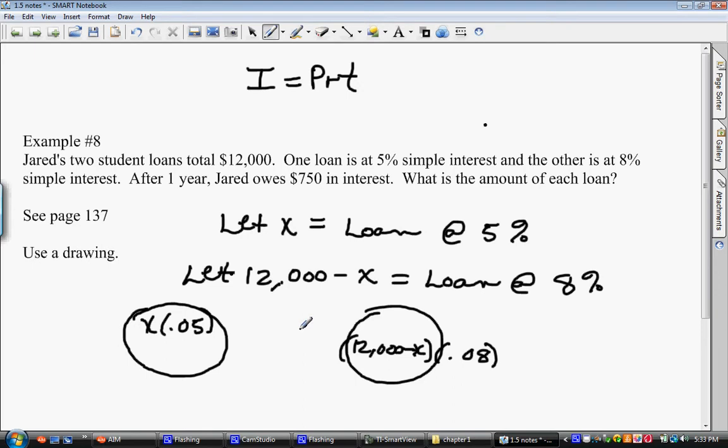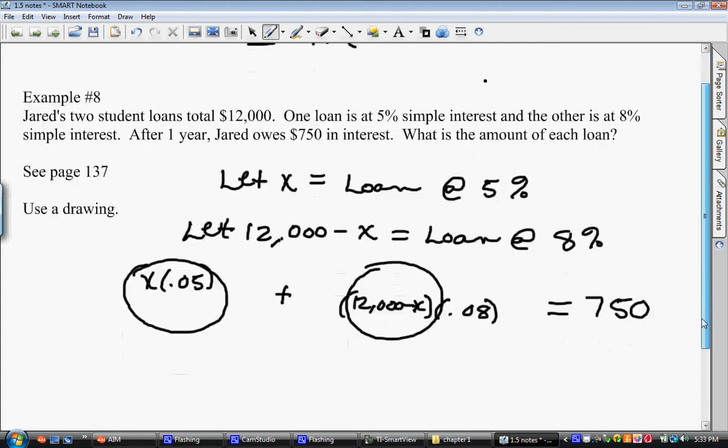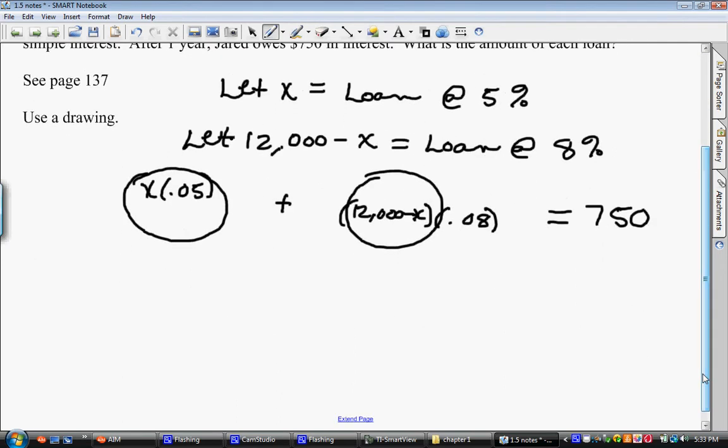Now, if you've drawn your picture correctly, you will actually already have your equation worked out for you. Here we have X times 0.05. Well, that's just 0.05X. Here it's a little different because we have 12,000 minus X times 0.08.